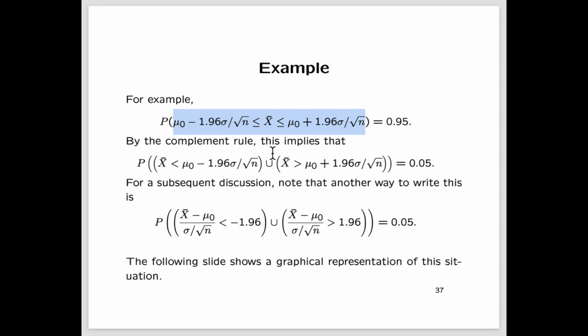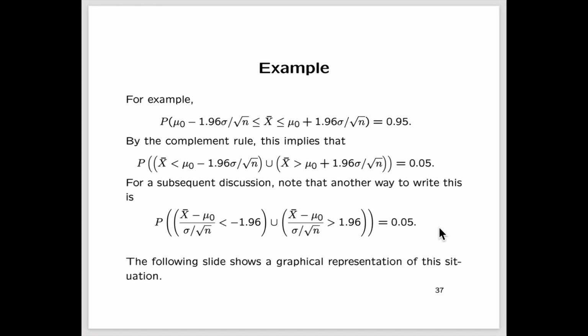It's the event that either x bar is to the left of the lower endpoint, or x bar is to the right of the upper endpoint. And so what this is telling us is that if the null hypothesis is true, it would be very unusual. In fact, the probability would only be 0.05 to obtain a sample for which x bar is not in the interval represented by the lower and upper endpoint.